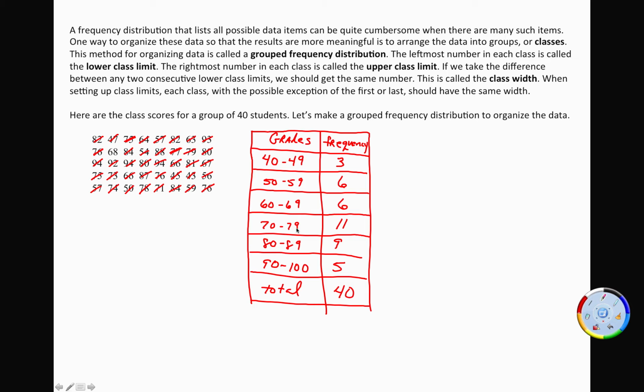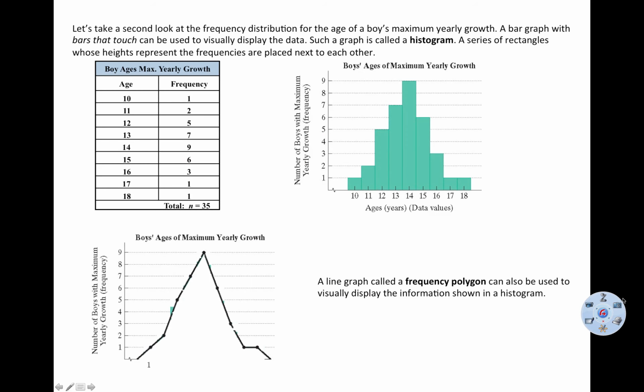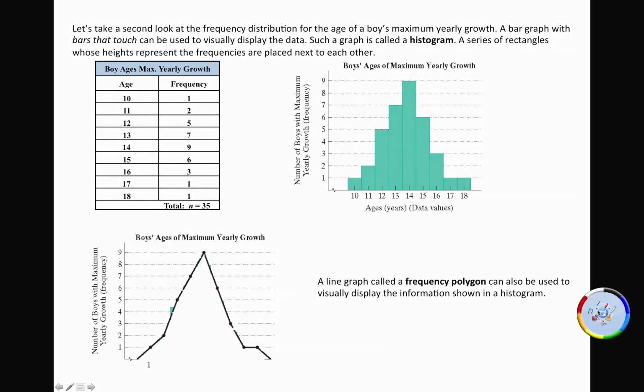Okay, so frequency distribution tables and grouped frequency distribution tables. All right, let's take a second look at the frequency distribution for the age of a boy's maximum yearly growth. And I've recreated it down here already so that we can refer to it.